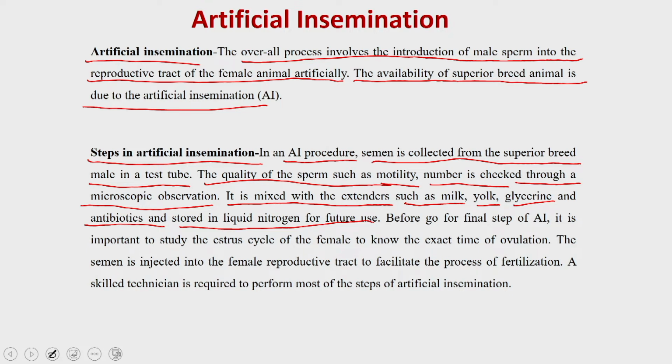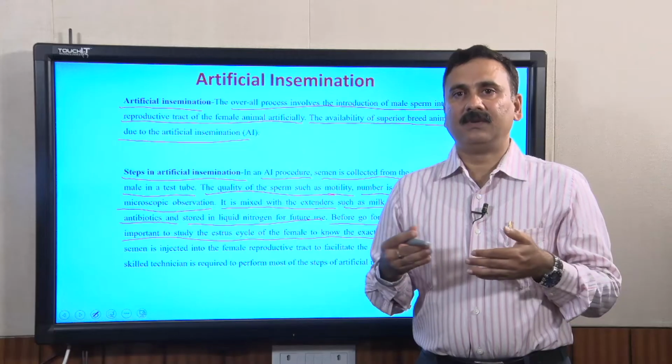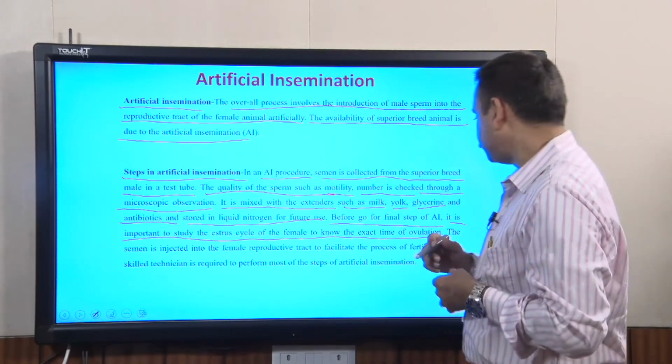Now, before you go for artificial insemination, it is important to study the estrous cycle of the female to know the exact time of ovulation, because you should know the estrous cycle of the receiving female counterpart, so that when you do the artificial insemination, the sperm you inject artificially go and do the fertilization, and that is how you are going to have the better traits with the help of this procedure.